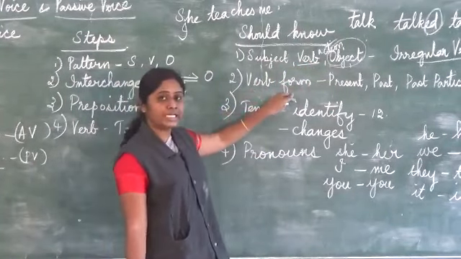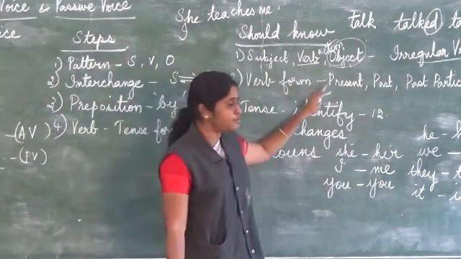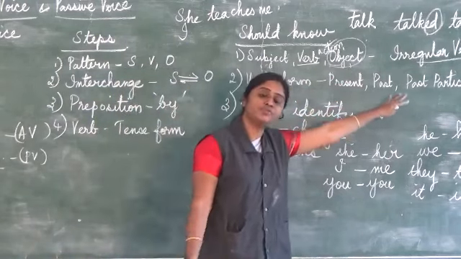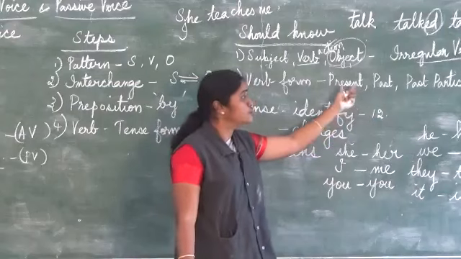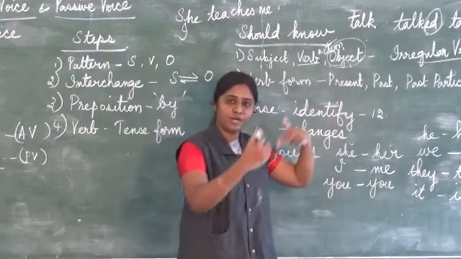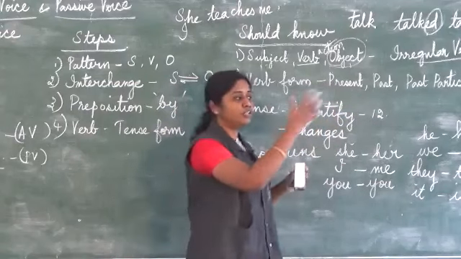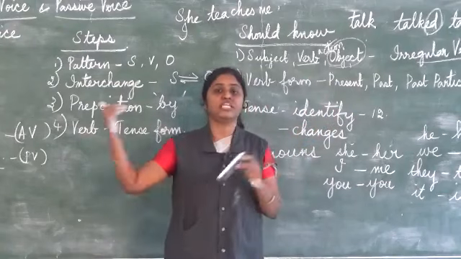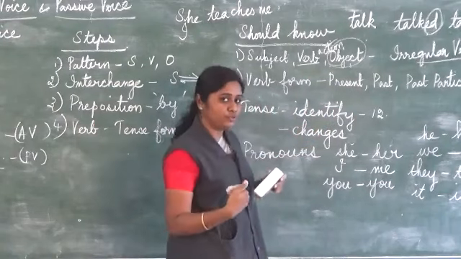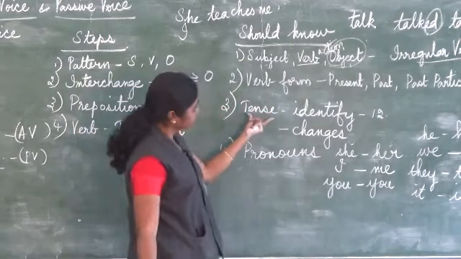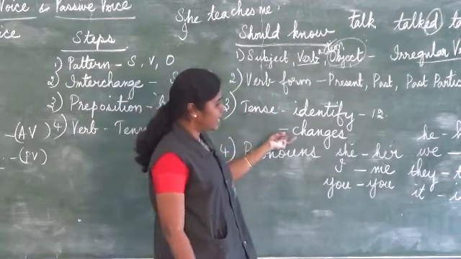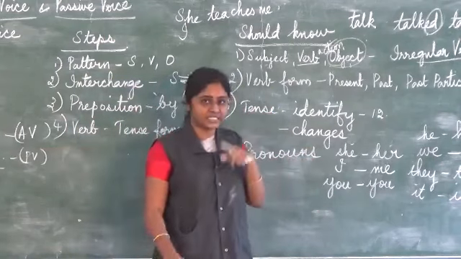The second thing is verb form. Clear? For irregular verbs, the past form and past participle forms will be completely different. So you should know that verb form table and all these different forms, then only will you be able to change from active voice to passive voice. Then tense, I told you, the final thing we change is tense.